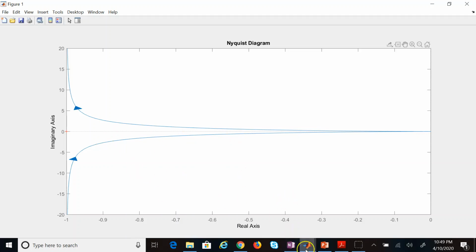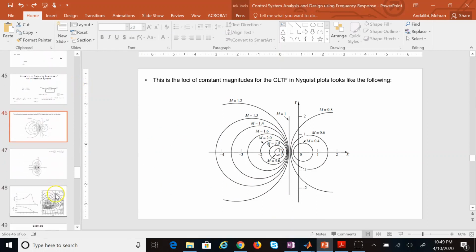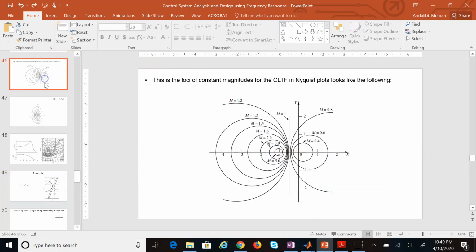Now, can I, on top of this, show what m of 1.4, as this problem asks, would look like? If I can do it, then all I need is the intersection of them, or the way that I adjust k to make them reach each other. If I can do it, then life will be easy.